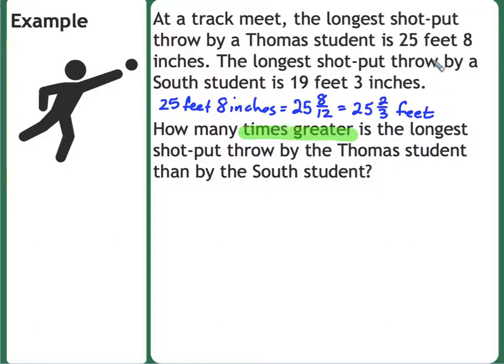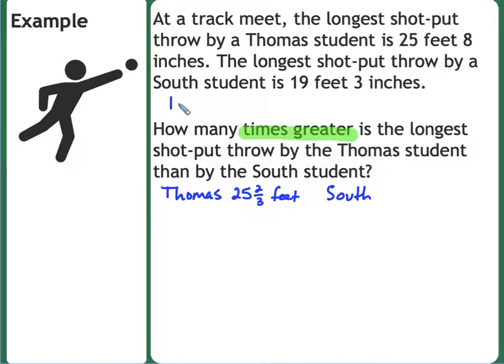All right, so that's for the Thomas student, 25 and 2/3 feet. Now I'm going to write that down here. Thomas is 25 and 2/3 feet. And then South, let's do that one real quick.